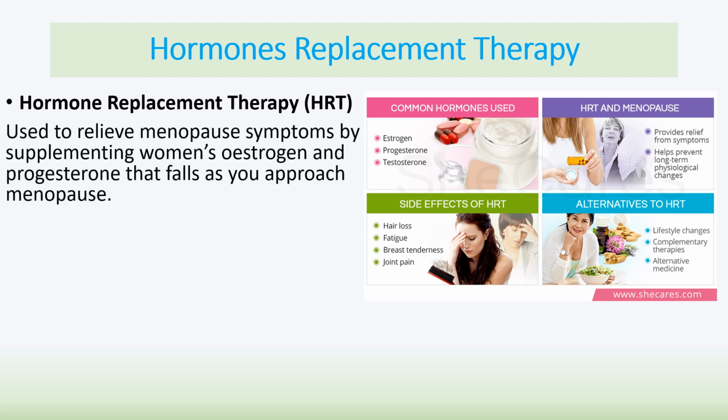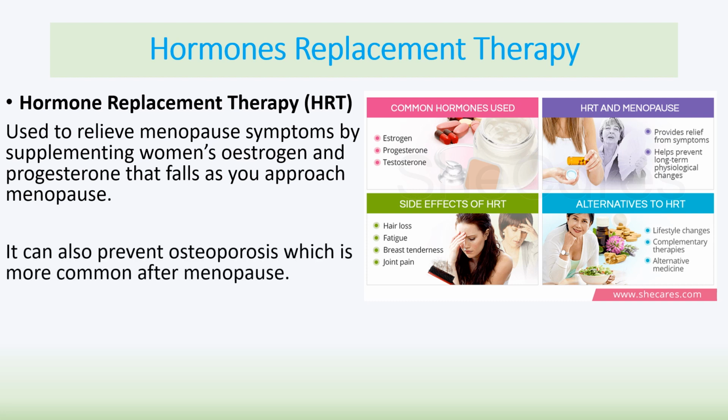So it's used to relieve the menopause symptoms by supplementing women's estrogen and progesterone that falls as you approach the menopause. It can also prevent conditions which are more common after menopause, such as osteoporosis, which is a weakening of the bones.